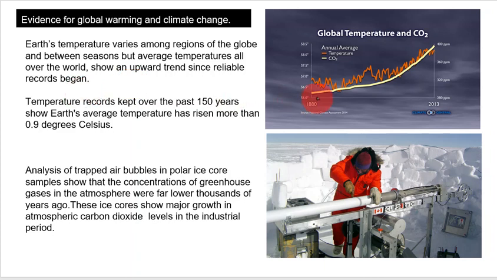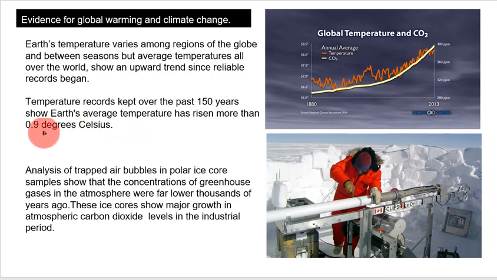Here we can see the yellow line: as carbon dioxide levels increase, we can also see a steady increase in global temperatures. That's the average temperature of the whole globe, over the period from 1880 up to 2013. Temperature records kept over the past 150 years show Earth's average temperature has risen more than 0.9 degrees Celsius.